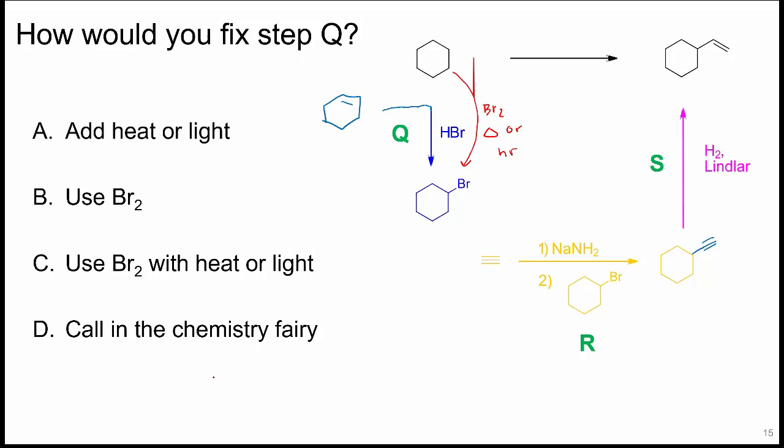So if you had something like this, then we can use that to add the Br on the less substituted position. That's generally what we use the peroxide for. To add a bromine to an alkane that doesn't have any functional groups, we want to use heat or light. That will be better at initiating that reaction.